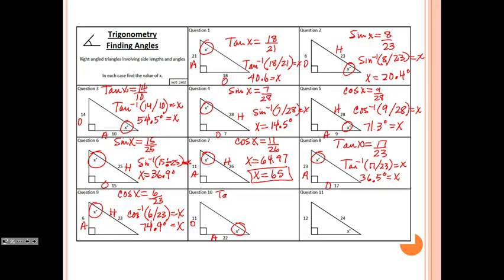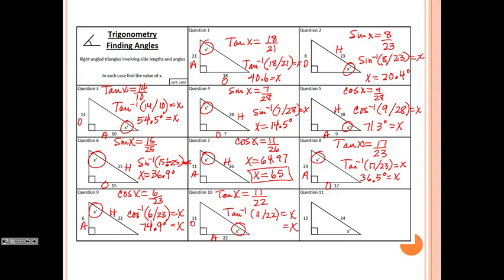Okay, this one's going to be opposite and adjacent. That's going to be tangent. Tangent x equals 11 over 22. So we're going to say tangent negative 1, so shift tangent or second tangent. 11 divided by 22, equals x.